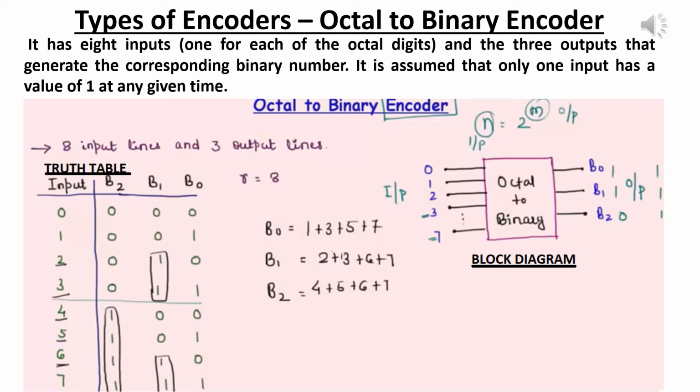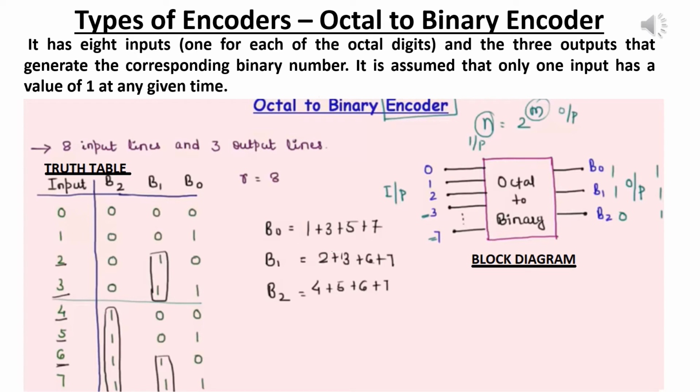Now we have to design a combinational circuit for this octal to binary encoder. So first obtain the expressions for the binary values B0, B1 and B2. From the truth table, you can consider the column B0. In this column, wherever we get the value 1, that equivalent octal value should be considered in the final expression.